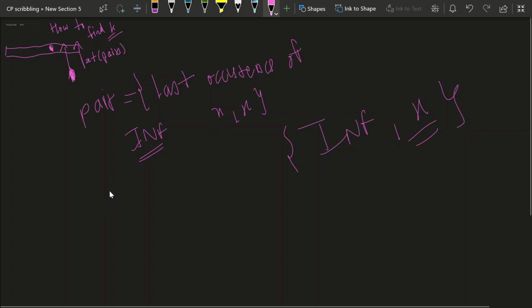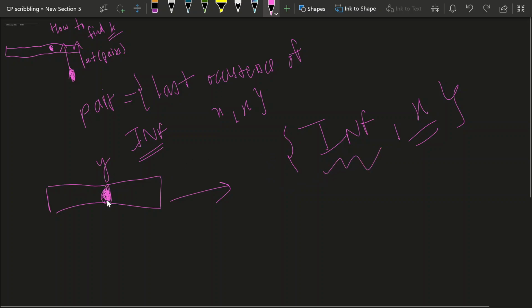And now, let's consider this array, and let's say you're at this index, and this value is y. Now you will go into your set and get the value of x. You can store a vector in which you store the values that are there in the set for the corresponding x.